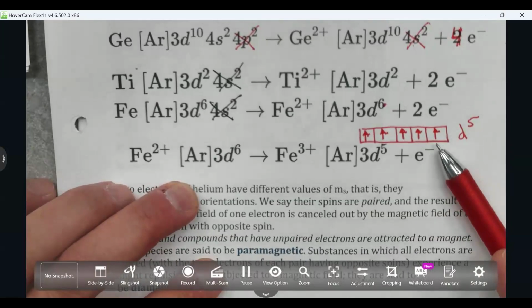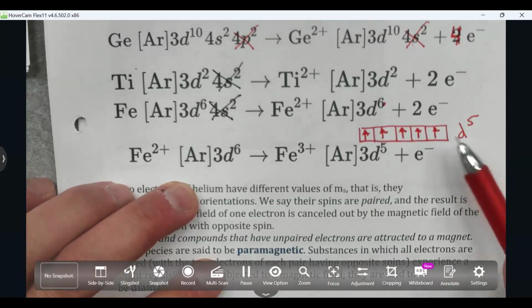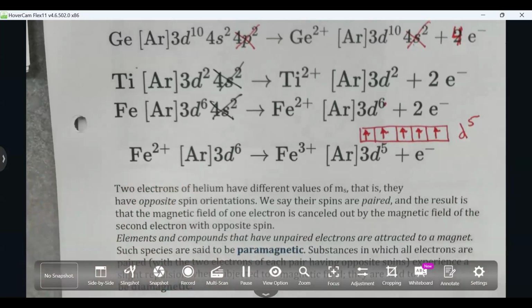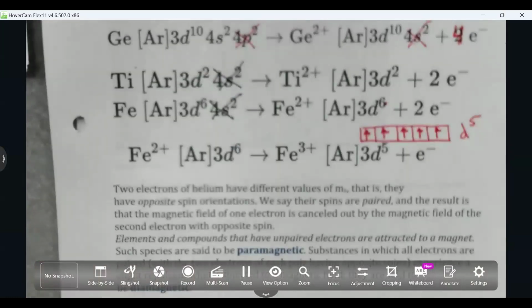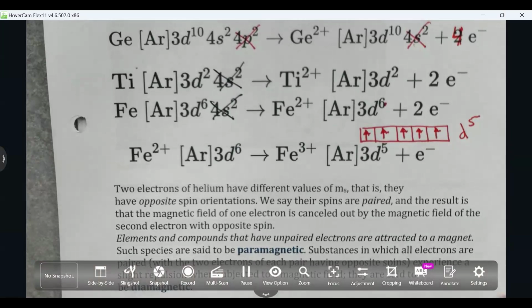This is really stable, all 5 up or all 5 down, right? Half filled is really stable. Okay, so again, the name of the game is just adding or removing electrons to get like the nearest noble gas.